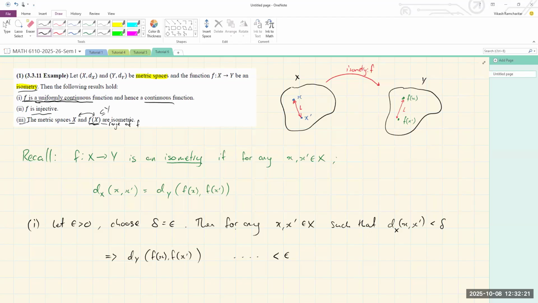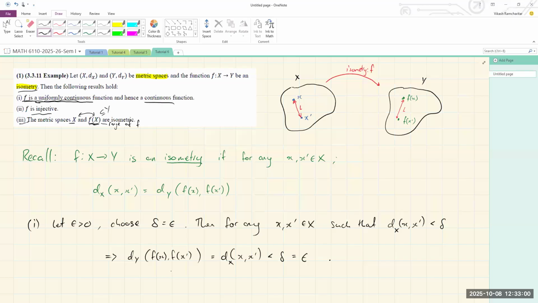But I know f is an isometry. So if f is an isometry, the distance of the images of these points in Y is the same as the distance of the original points in X. That's just the definition of the isometry. But this distance between x and x prime was less than delta, and I chose delta to be equal to epsilon. Okay, so that's the proof right there.